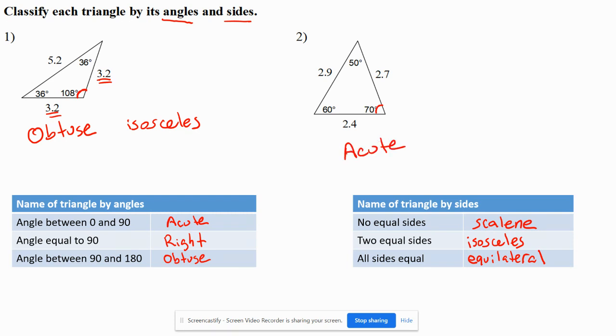Now, looking at the sides, I notice that all the numbers are different: 2.4, 2.7, 2.9. All the numbers are different, so there are no equal sides. I'm going to call this triangle scalene. And once again, I only capitalize the A from acute, not the S from scalene. And there is a space between each word.